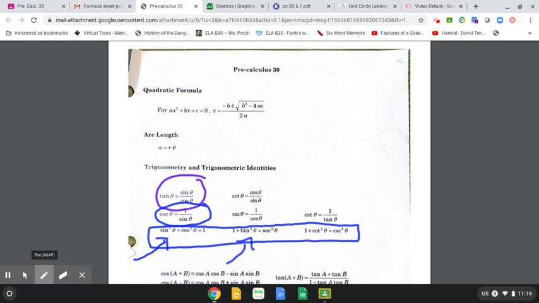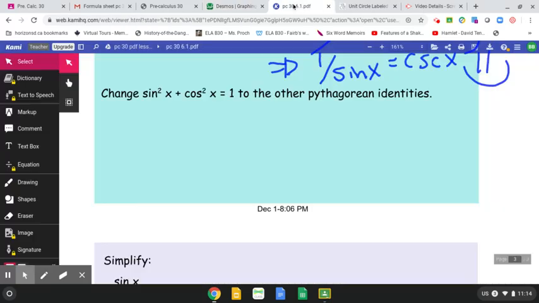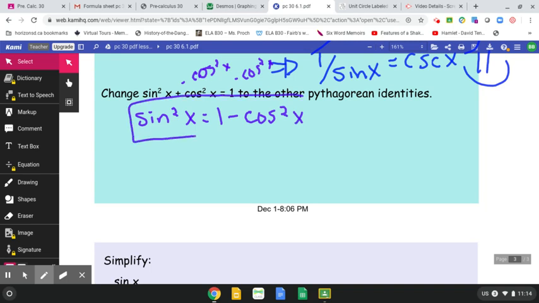Okay, there's 2 others. Now you're able to manipulate these, and this is all I want to show you here. So you could have that. You could also subtract cos squared x on both sides. And if you did that, you'd get sine squared x equals 1 minus cos squared x. And that's a thing.